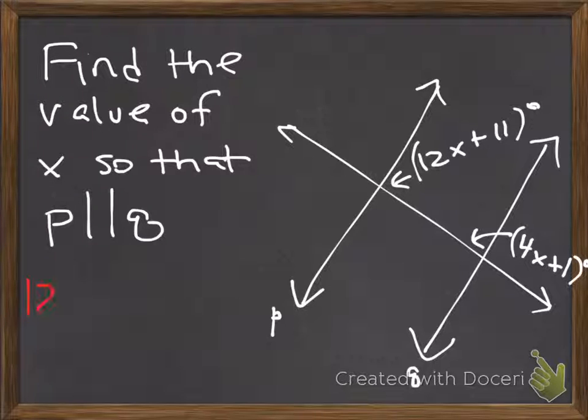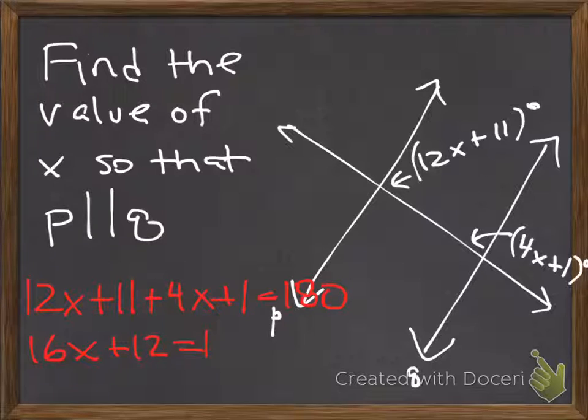So we have 12x plus 11 plus 4x plus 1 equals 180, and we solve for x that way. So x would be 10.5.